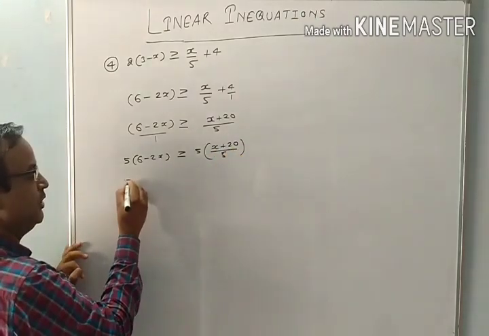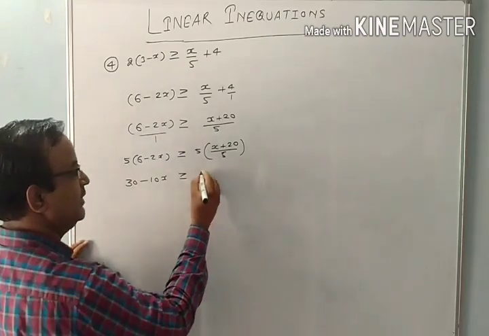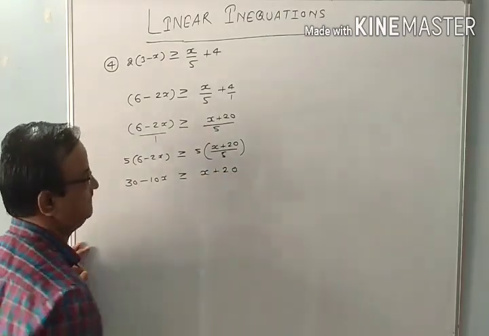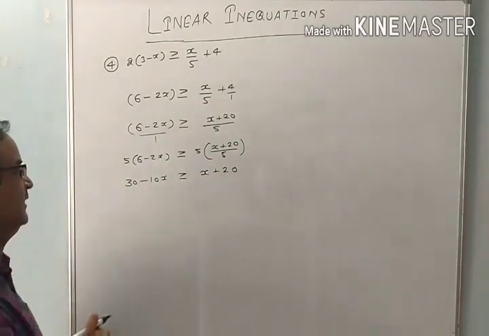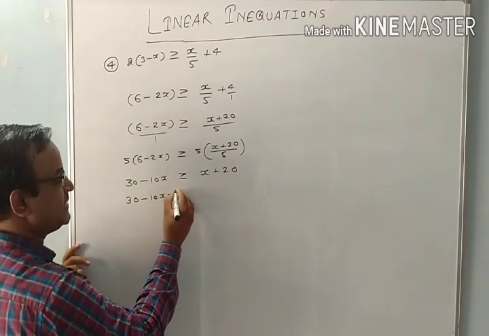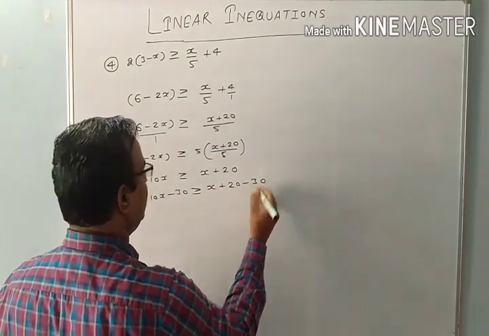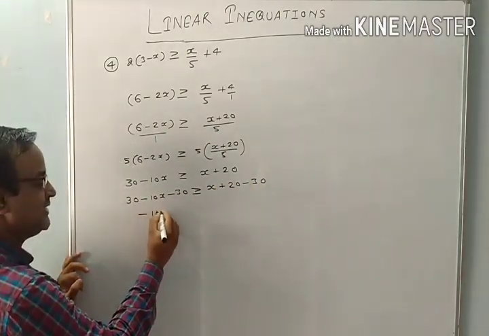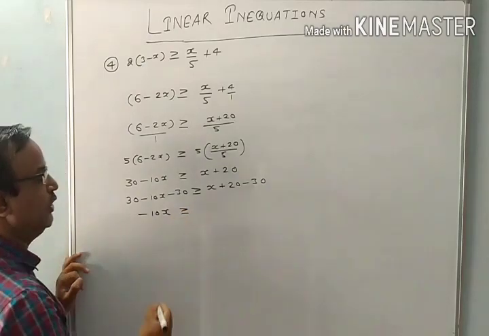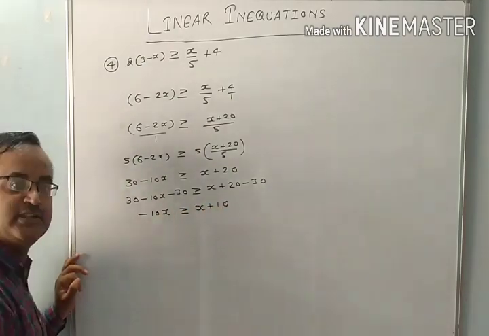So it is now 30 minus 10x, which is more than or equal to x plus 20. Now we will subtract 30 on both sides: 30 minus 10x minus 30, and x plus 20 minus 30. So it is minus 10x is more than or equal to x plus 10 only, because 30 cancels out.